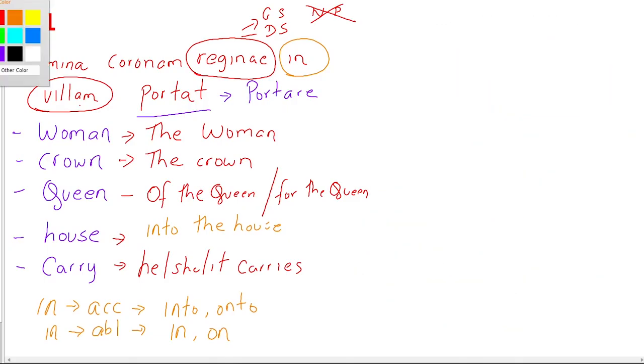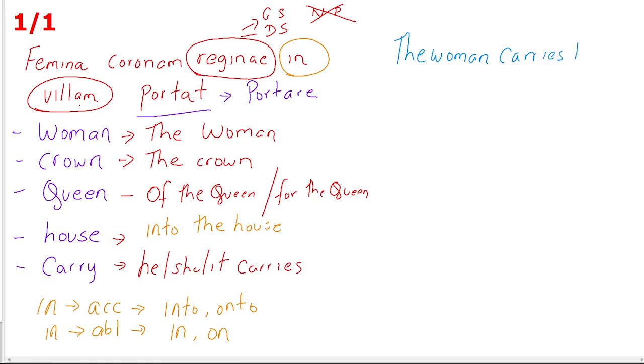Okay, let's put the sentence together. One of the ways is by just putting it in the same order. So the woman carries the crown of the queen into the house.